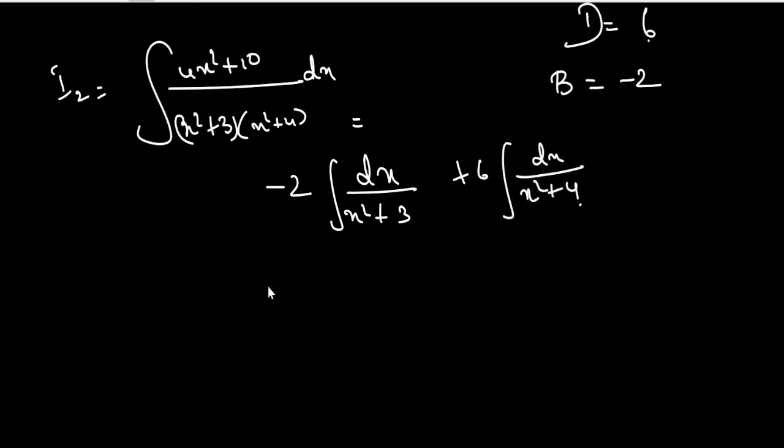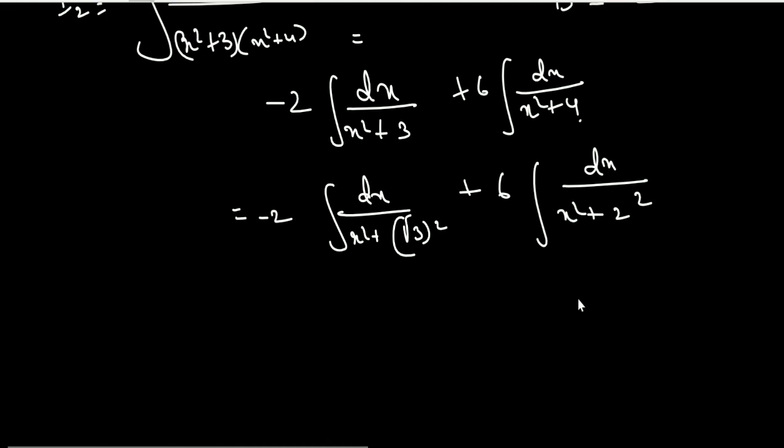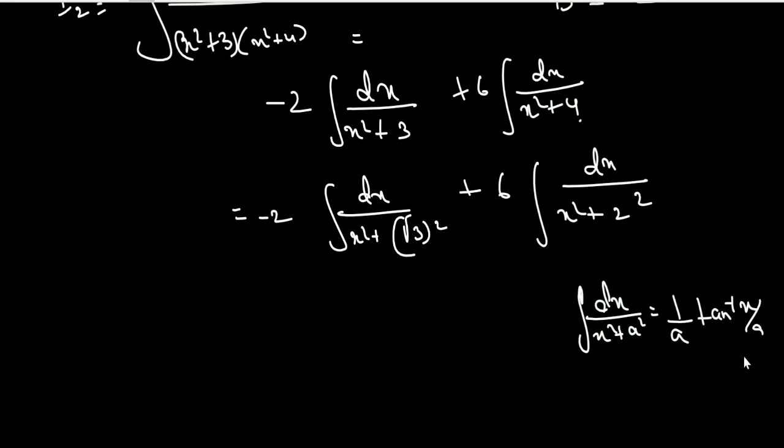So this is tan inverse. This is equal to minus 2 times the integral of dx by x² + (√3)², and this is 6 times the integral of dx by x² + 2². You know the formula? The integral of dx by x² + a² is 1 by a tan inverse x by a.